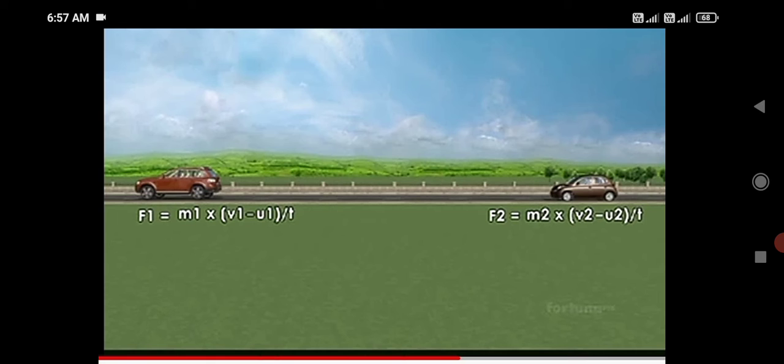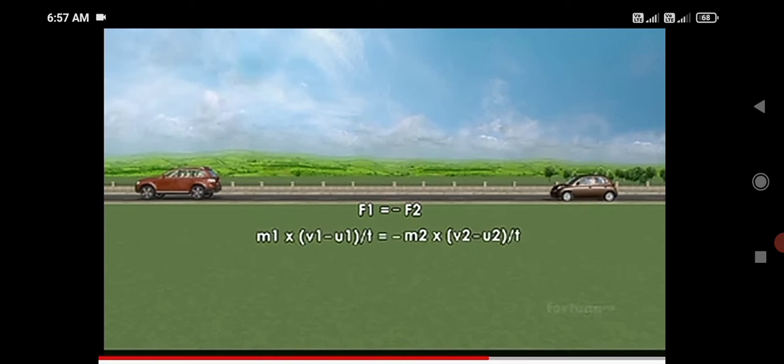So equate F1 equal to minus F2. m1 into v1 minus u1 by t equals minus m2 into v2 minus u2 by t. The t on both sides cancels. So m1 v1 minus m1 u1 equals minus m2 v2 plus m2 u2.